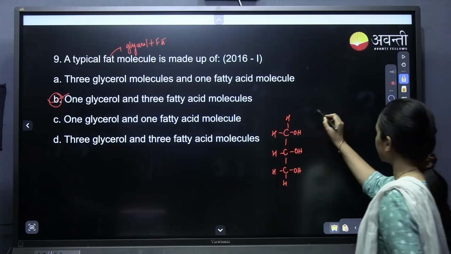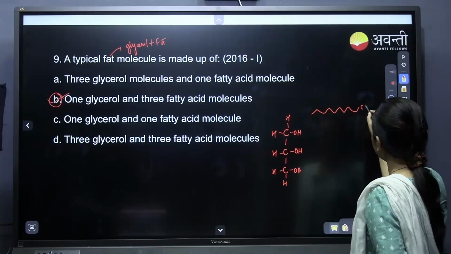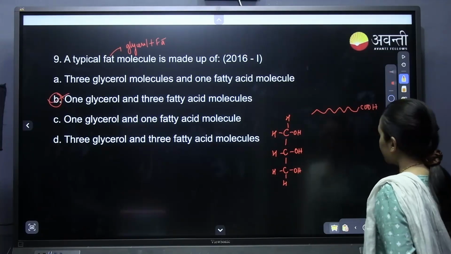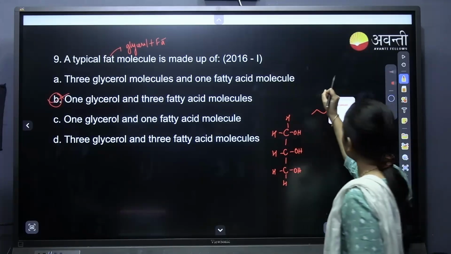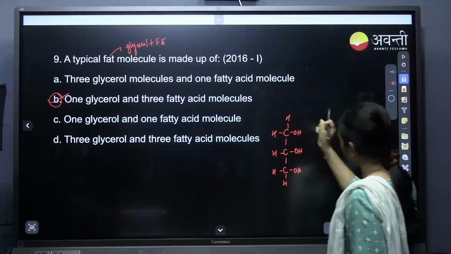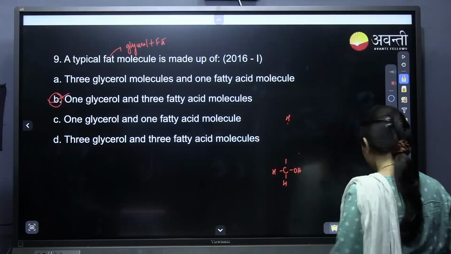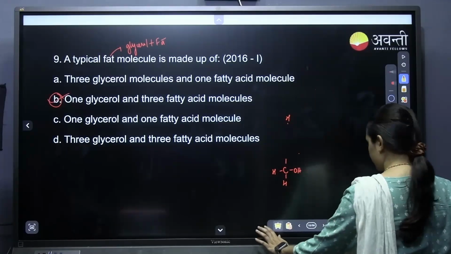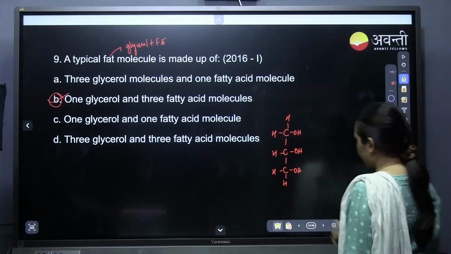Now we esterify the fatty acid. What is a fatty acid? A fatty acid is a long chain, and at the end we have a carboxyl group. If we esterify this fatty acid with this, it will become the fat. How will it become?